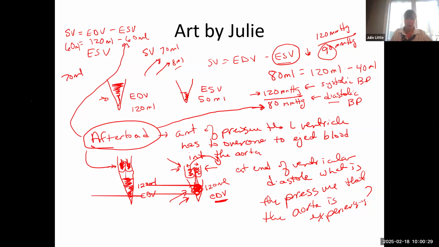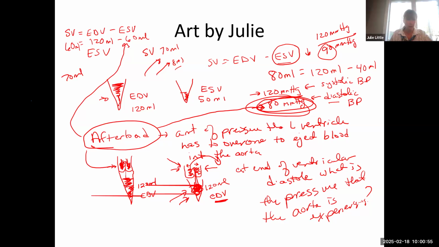So just know that the higher this number is, this diastolic pressure, the harder the left ventricle has to contract to send the same amount of blood to maintain cardiac output. Because if the left ventricle doesn't contract more forcefully, it's going to eject less blood, meaning the stroke volume will be reduced. That means cardiac output will be reduced, and end systolic volume will be increased.